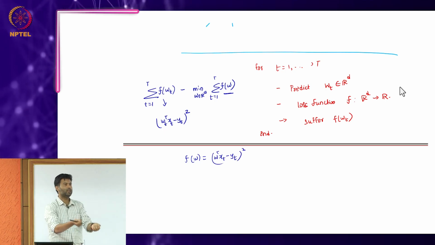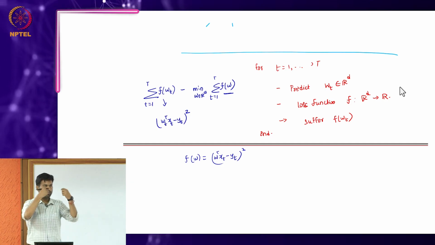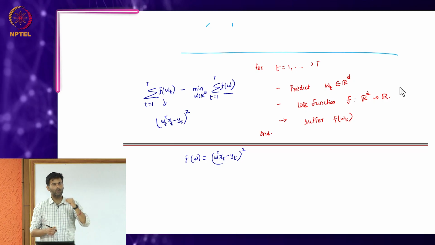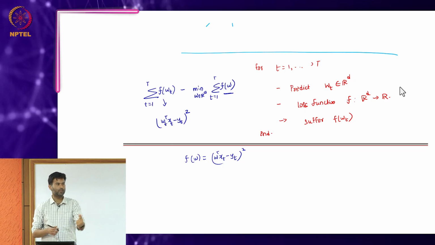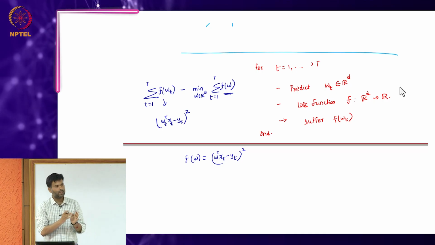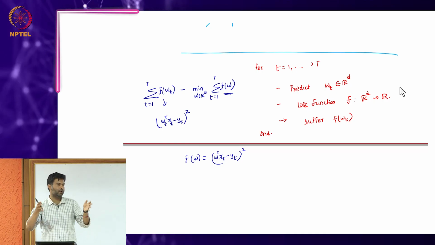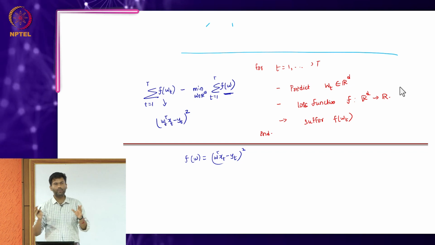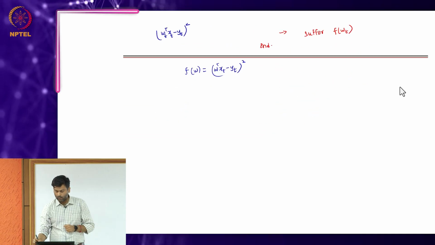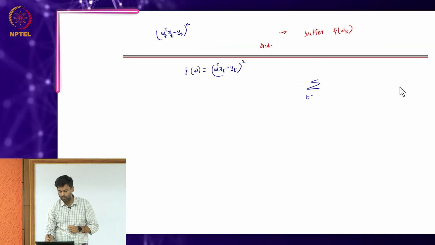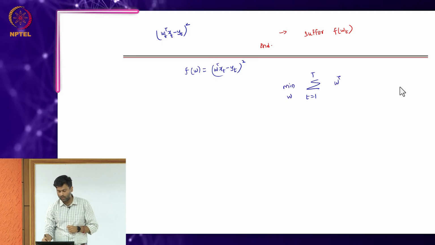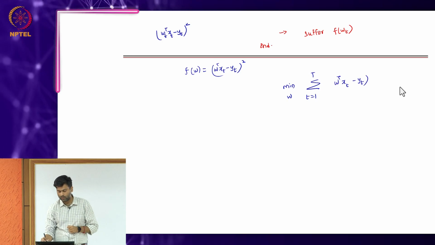So this is a function that the adversary is giving me, and now for the WT that I have, I will suffer the squared loss between what my WT predicts for the XT and the YT. What I want to do is that over time I would have gotten T different data points, and if I had all the data points given to me together, then I would have simply run a regression problem, which would be to minimize over W the sum over t equals 1 to T of (W transpose XT minus YT) squared.